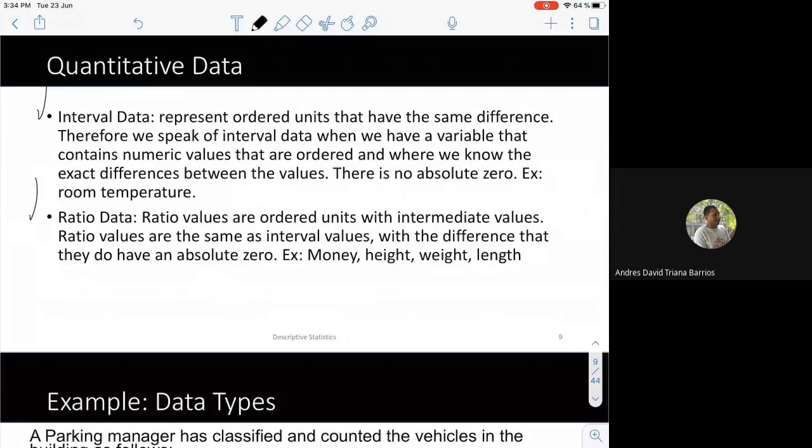But my question is, if the room temperature is 0, does that mean that we don't have a temperature in the room?